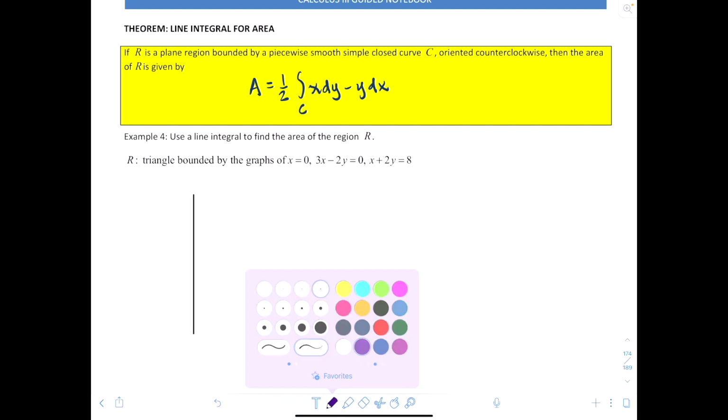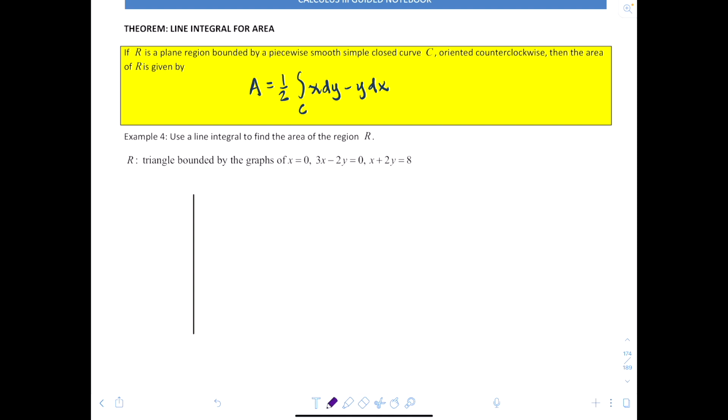If I isolated y for this one, I would have y is 3/2 x, right? And then if I isolated y for this one, I would have negative 1/2 x plus 4. So my highest y-intercept is 4.